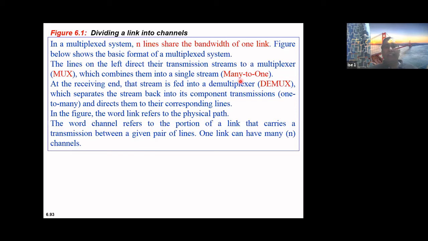At the receiving end, I have the opposite, called a demultiplexer or demux. So mux is many to one, and demux is one to many. One link can have many channels.